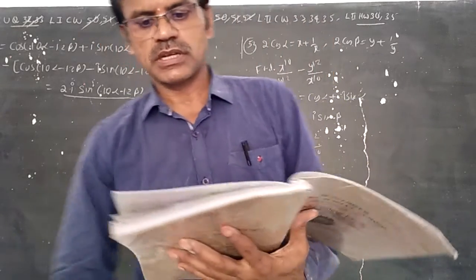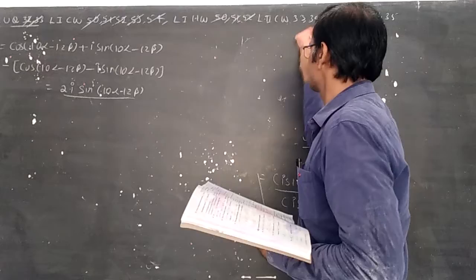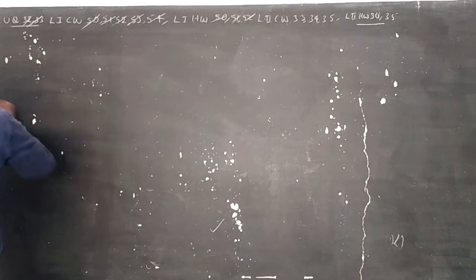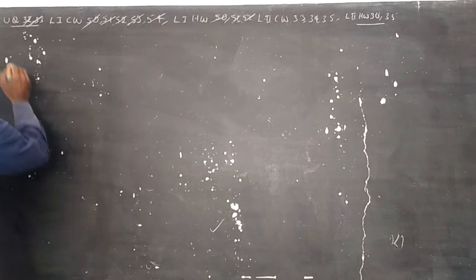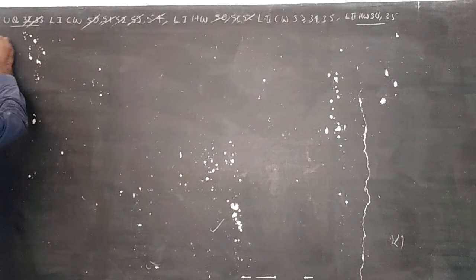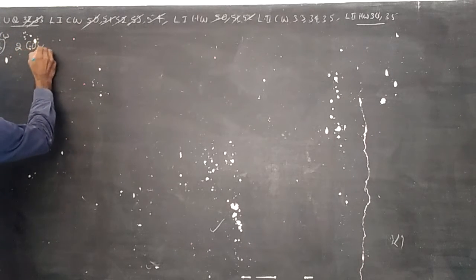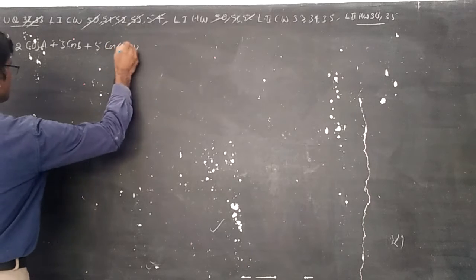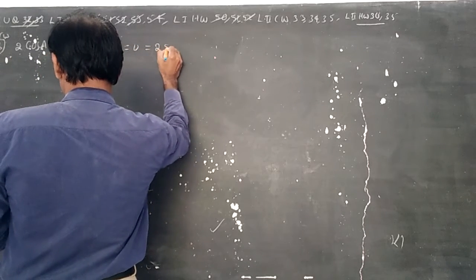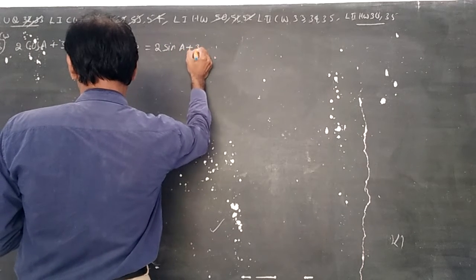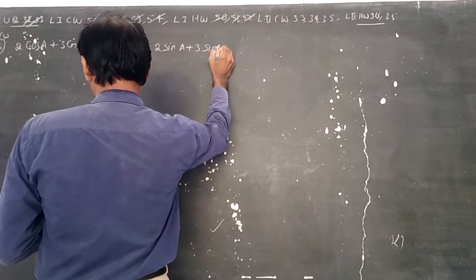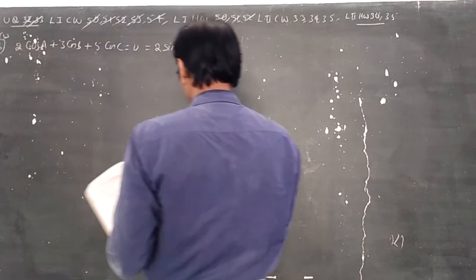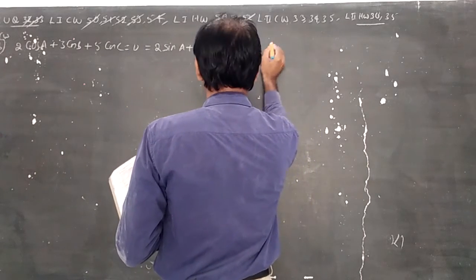2 cos A plus 3 cos B plus 5 cos C equal to 0, and 2 sin A plus 3 sin B plus 5 sin C equal to 0.